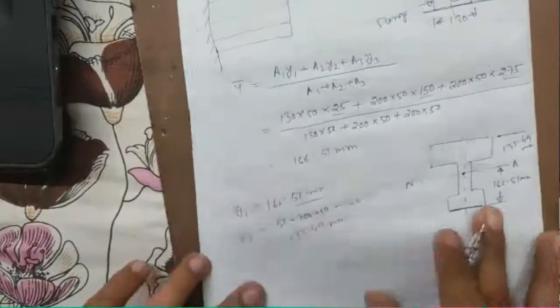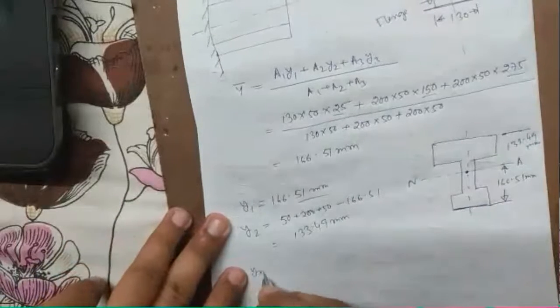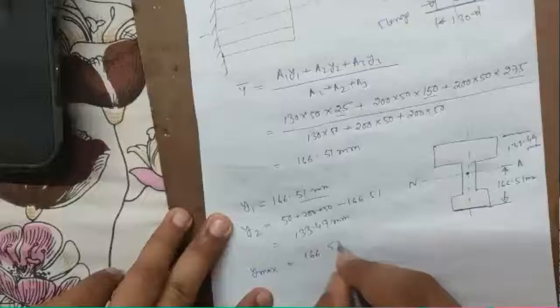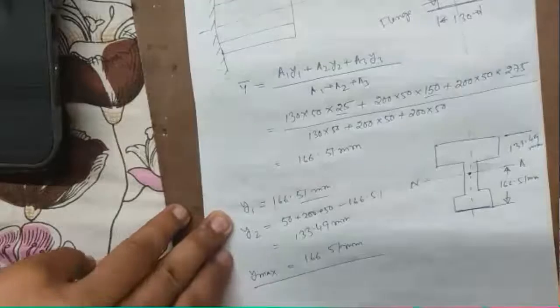So to find the maximum stress, we have to take Y max. So Y max is equal to 166.51 millimeter. Okay, so this is clear to us.